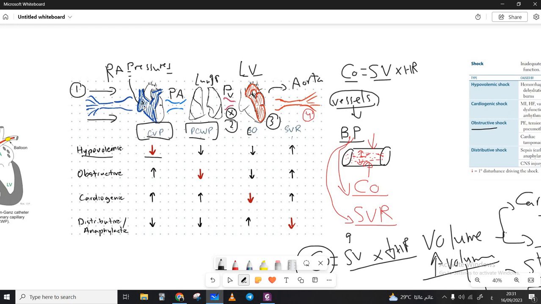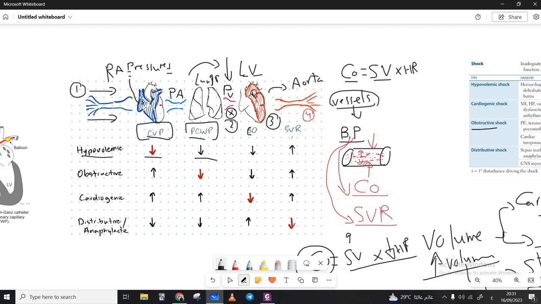And since you have less volume in the right side, you have less volume flowing through the pulmonary artery and then to the lungs. This also means less blood going to the pulmonary veins and to the left side of the heart, so you have less pulmonary capillary wedge pressure. It makes sense. Less blood is being transferred into the left side of the heart, so the pulmonary capillary wedge pressure also decreases.